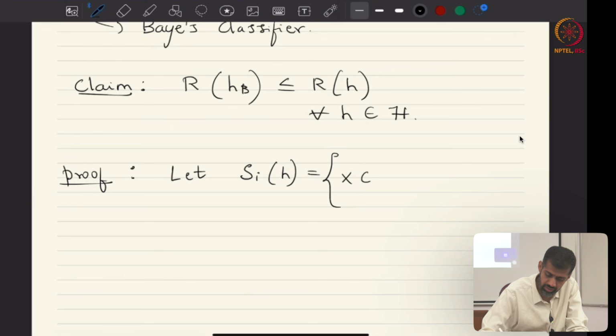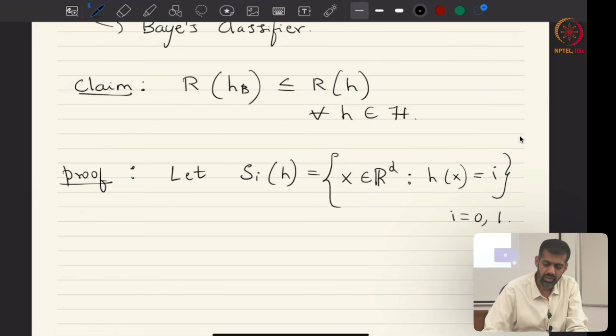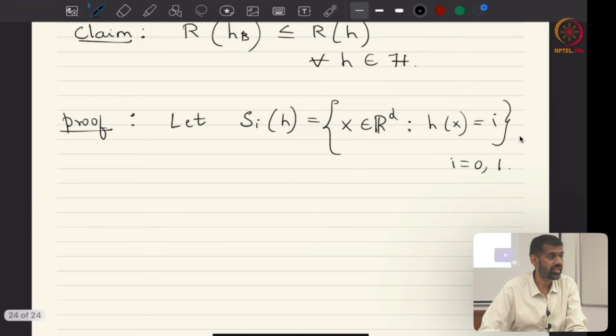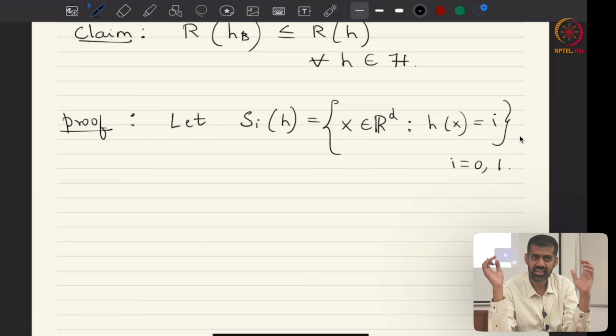all x in R^d such that my classifier assigns class i to it. So i is either 0 or 1. Did you get the notation? What I am doing is I am taking R^d, which has all my data.